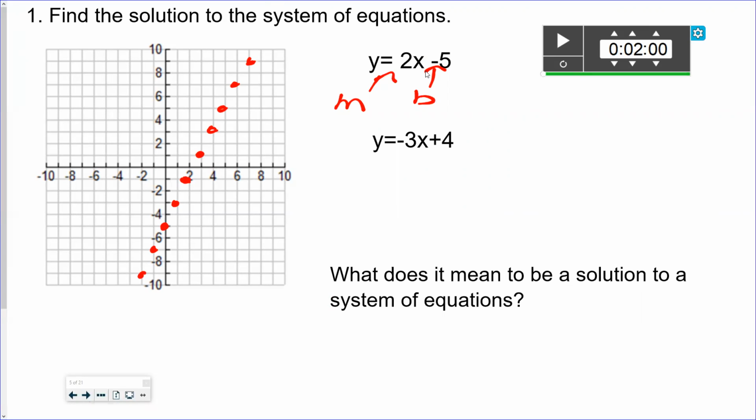All right. And then my second line, my slope is -3. My y-intercept is +4. So I'm going to go down 1, 2, 3, run 1, 1, 2, 3, run 1, 1, 2, 3, run 1. I'm going to go ahead and connect all these dots.